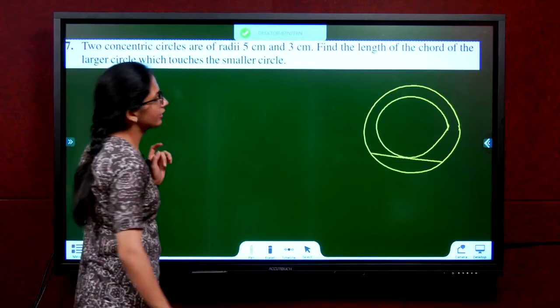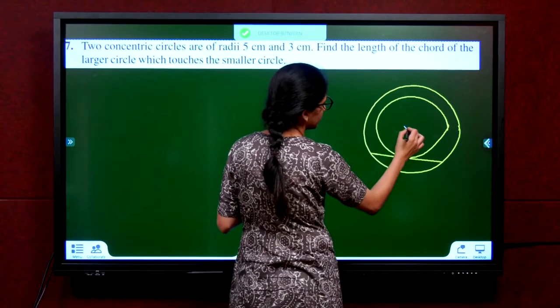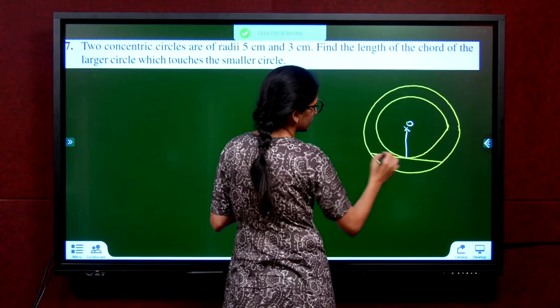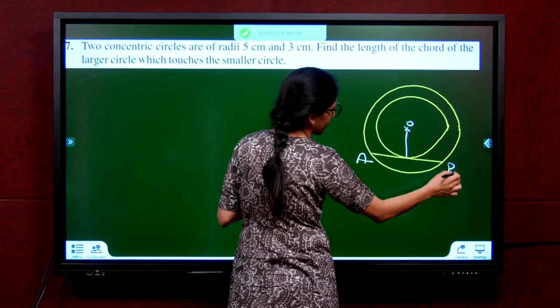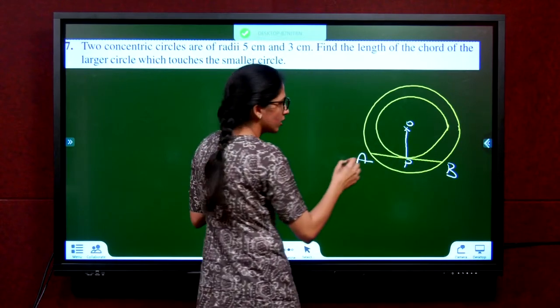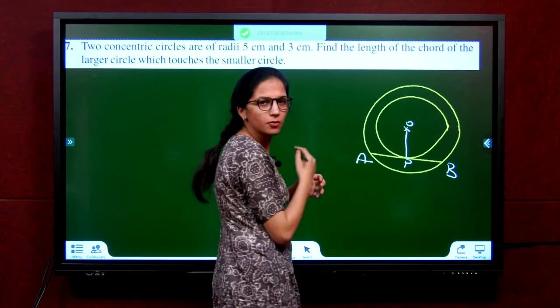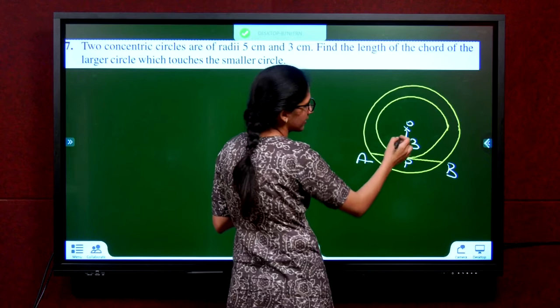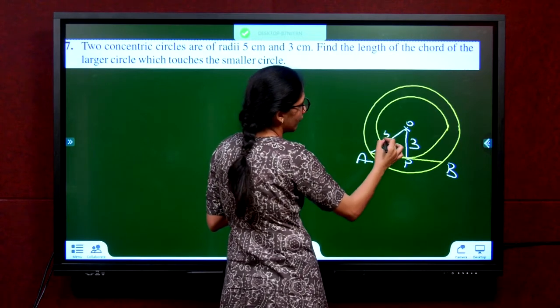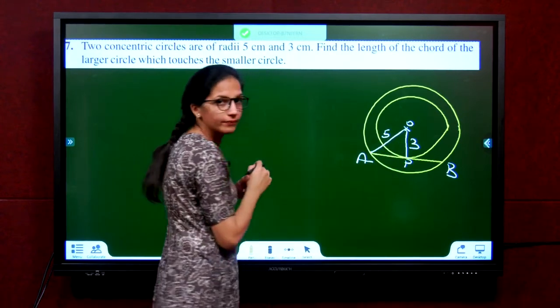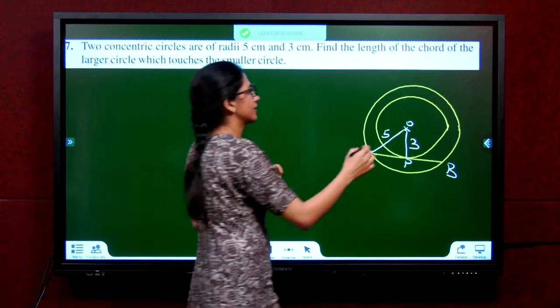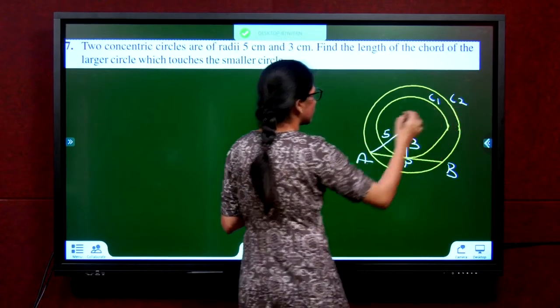So now let's say this is O. Let's say the chord here is AB. This is P. Now OP is the radius of the smaller circle. How much? 3 centimeters. The bigger circle is 5 centimeters. Can I find AP? Yes. So let's say this is circle C1 and this is circle C2.